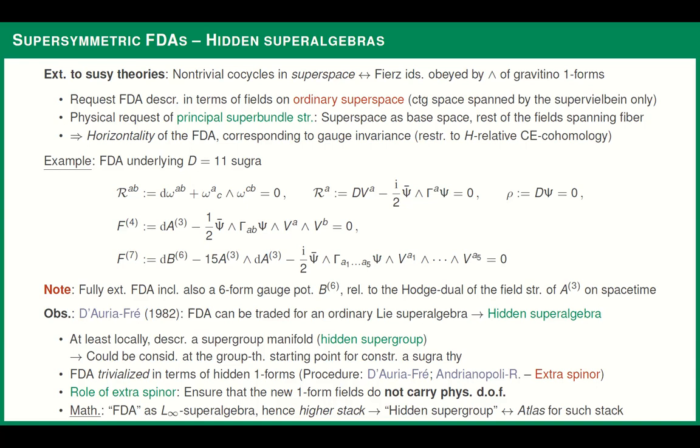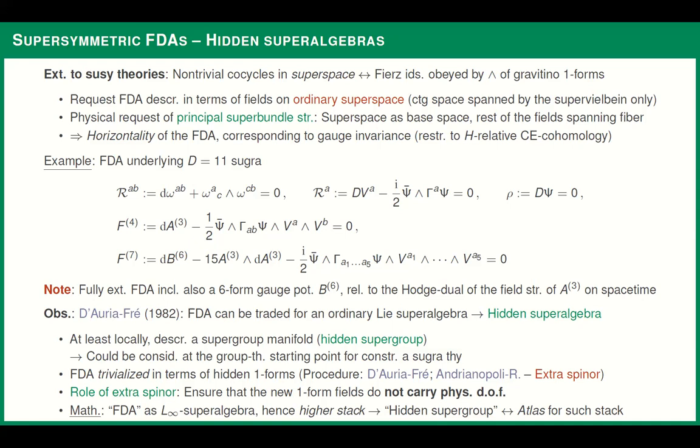This is the fully extended free differential algebra known for 11-dimensional supergravity. And it emerges, this is a free-form gauge potential, and it emerges if we take this structure and we see that the closure, the D2 closure of this expression, relies on the 3 psi Fierz identity, because if we take the derivative here, D2 is 0, and the derivative of this object gives us psi bar gamma AB psi bar gamma A psi, which is a Fierz identity in 11 dimensions, equal to 0.